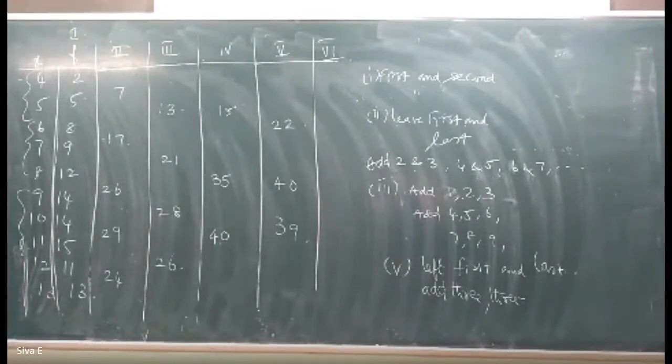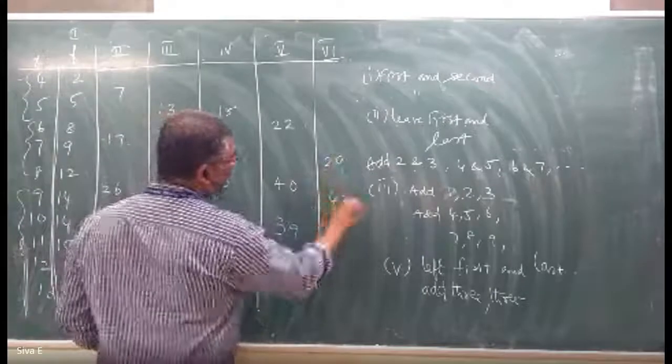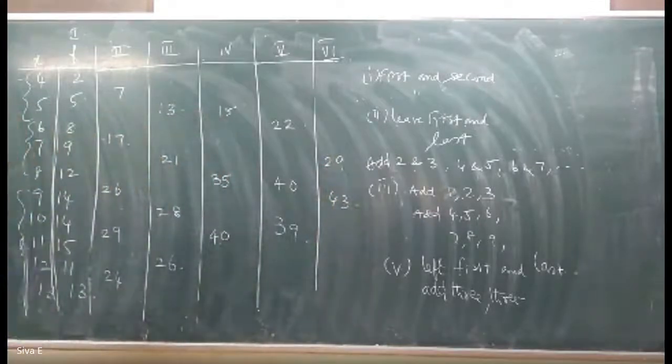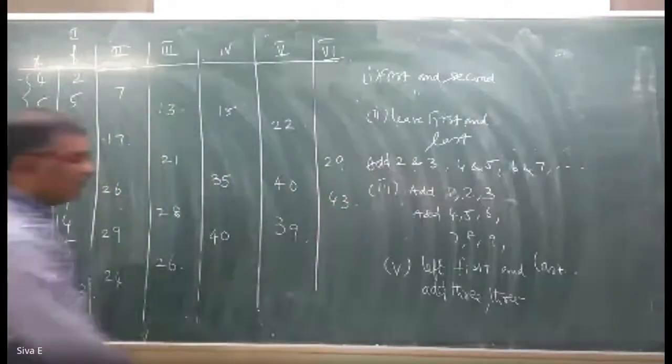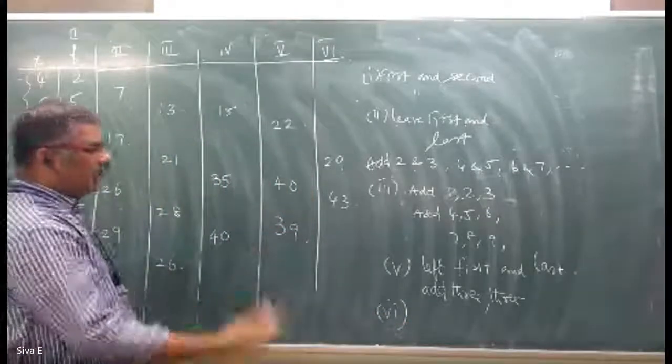Add 3 items: 8 plus 9 plus 12, 14 plus 14 plus 15. That means 29, 43, and so on you can do.